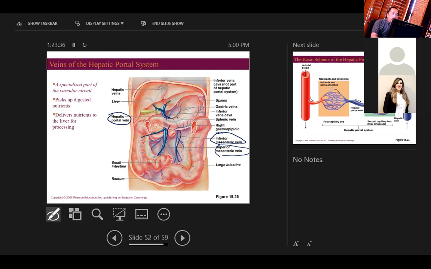Okay, so what is the purpose of that? Why does it have to pass through the liver? The liver will actually detoxify or metabolize things that are not supposed to go into the systemic circulation. So the liver will always be the first thing looking at whatever's absorbed and whatever's not supposed to be going into the systemic circulation.